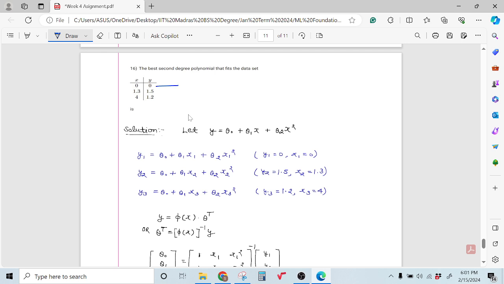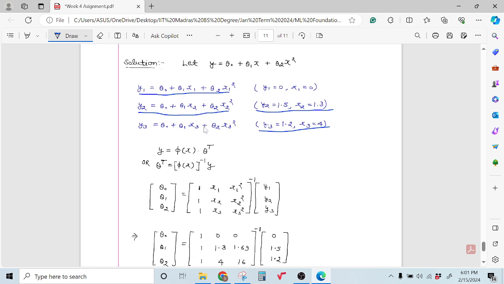In standard way we can write this, and for the second point we will write this, and for the third point, we have three data points, so y3 is equal to theta 0 plus theta 1 x3 plus theta 2 x3 square, and let us convert these three linear equations into matrix form.